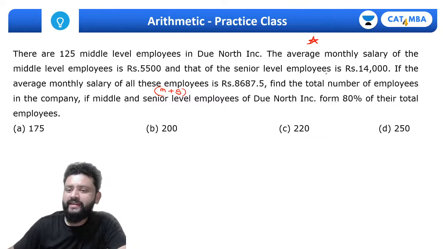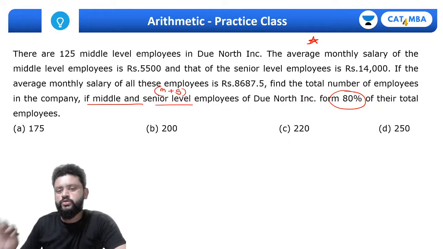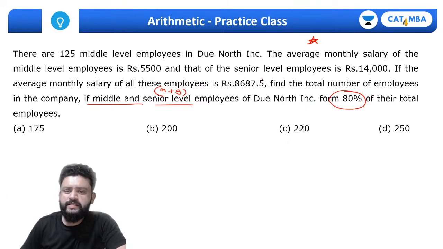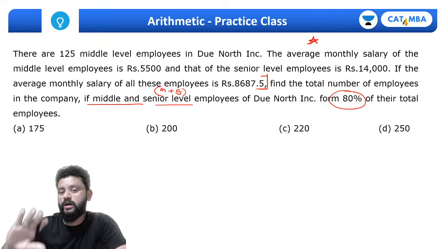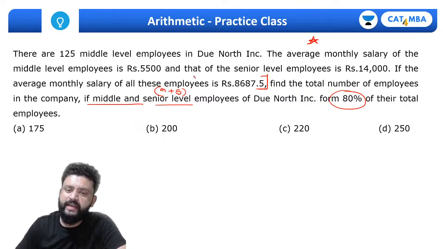Find the total number of employees in a company if the middle level and senior level employees in this company form 80%. So it doesn't matter, this is the average of middle level plus senior level. It's not the average of all the 100. This is the average of just 80% employees in that company.